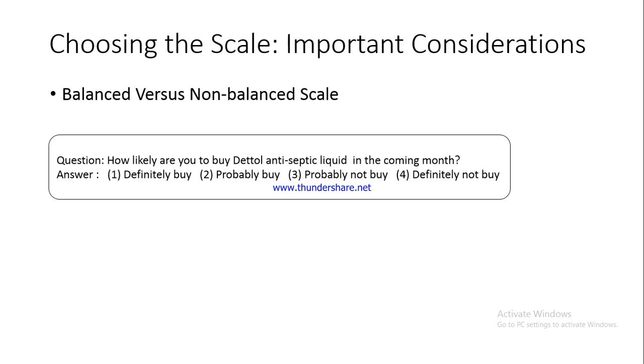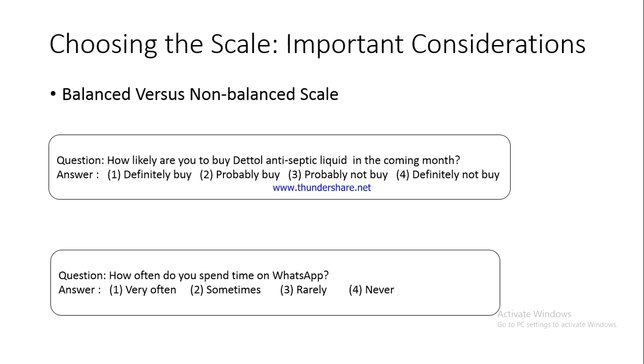And here we have got 2 negative categories also, the probably not buy option, which is number 3, and the definitely not buy option, which is number 4. So this is a balanced scale. But then we can always use a non-balanced scale also.